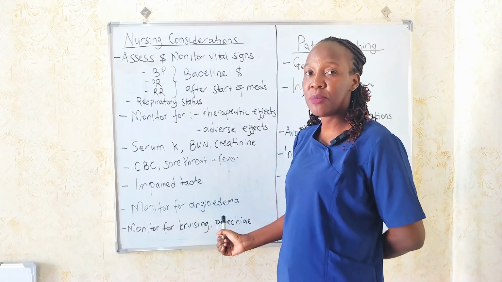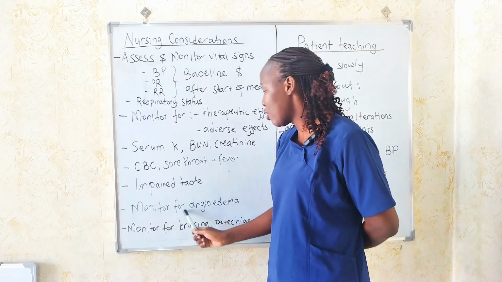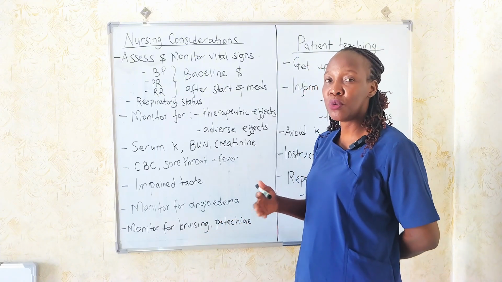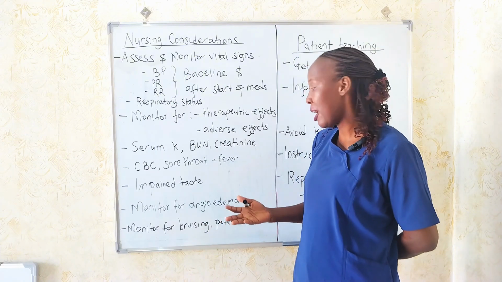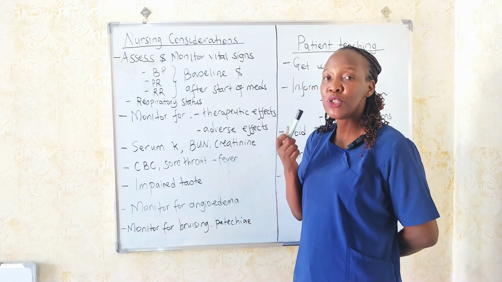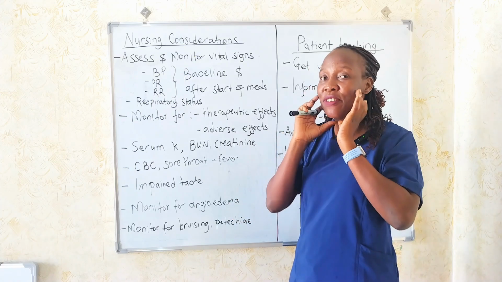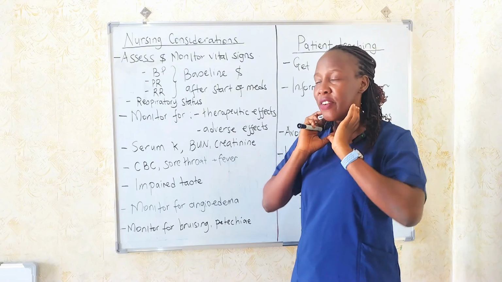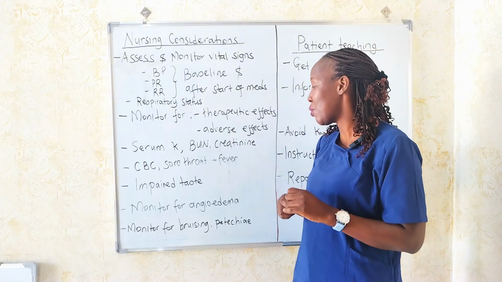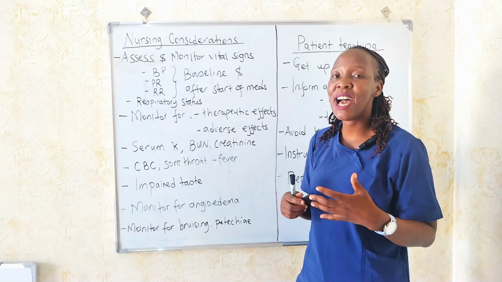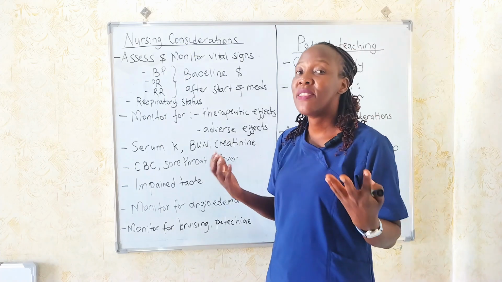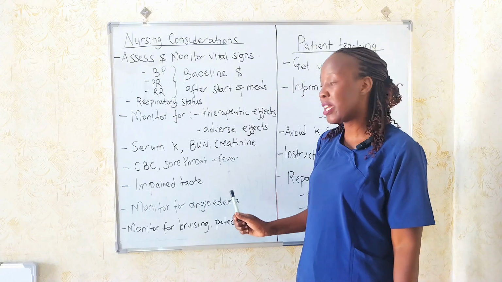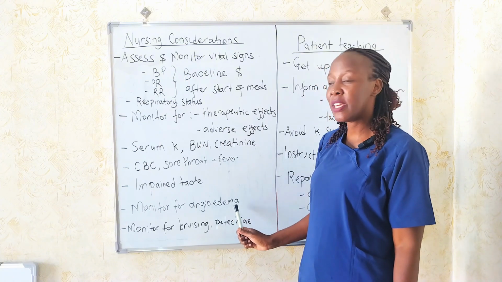Monitor for angioedema, because usually angioedema is a fatal adverse effect if we do not intervene in a timely manner, because there's going to be swelling around the neck area, the mouth, the tongue, the larynx, okay? The area around this place is going to be swollen, and that has an effect of compromising the airway. So because of airway compromise, we need to be very careful about this.